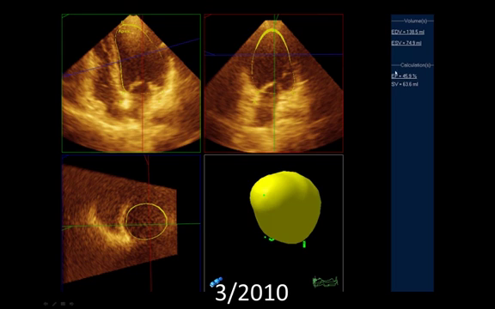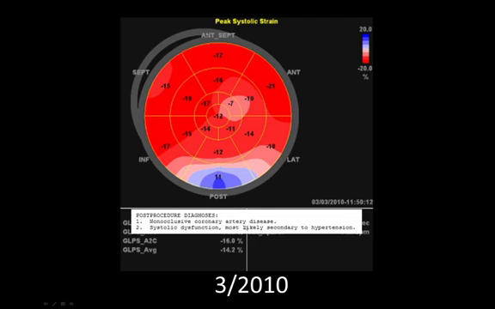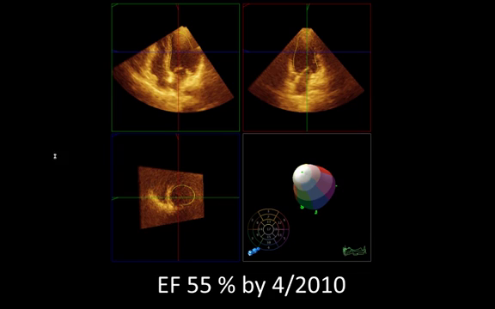I have her 3D here, obviously this is a Philips package, but you see her volumes, and we got 46. So it was really believable, and here her strain showing 14, but not only that, showed kind of a defect that was segmental, and I really didn't want to miss anything, so I sent her to the cath lab, and she had non-occlusive disease, systolic dysfunction, most likely secondary to hypertension, according to my cath colleagues.